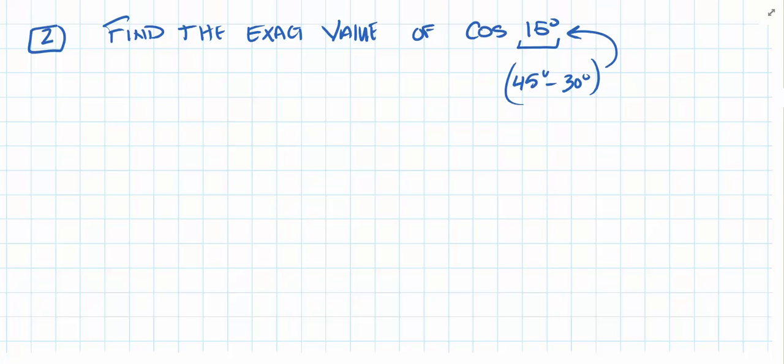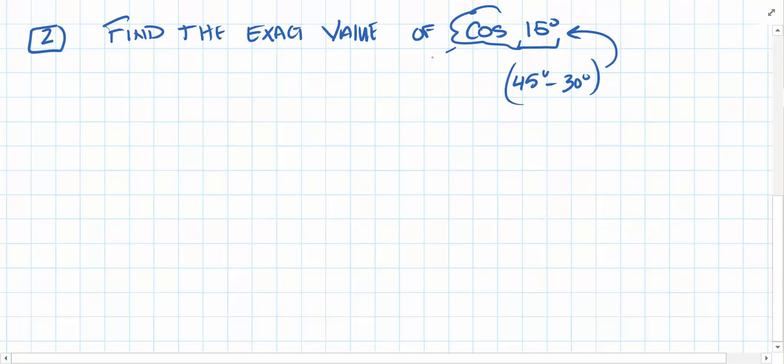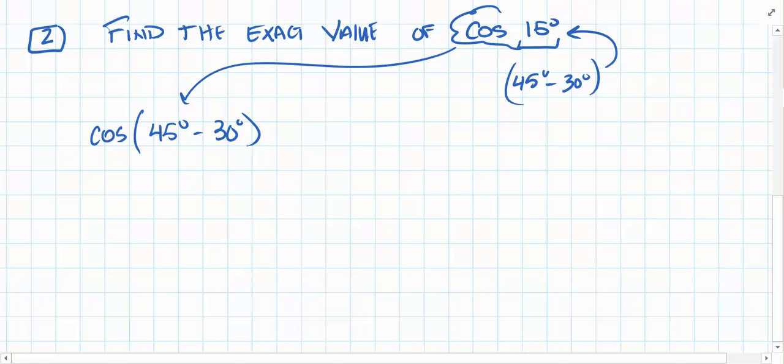So we can use that. Instead, we're going to rewrite cosine of 15 degrees as the cosine of 45 degrees minus 30 degrees. After all, 45 minus 30 is the same thing as 15, and 45 and 30 are nice, easy angles that we can work with.